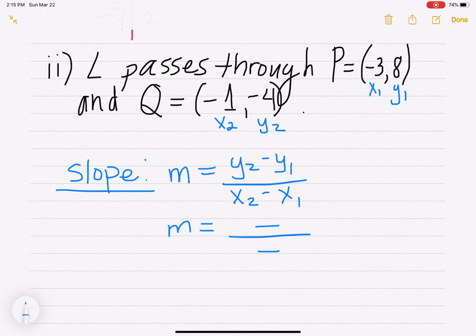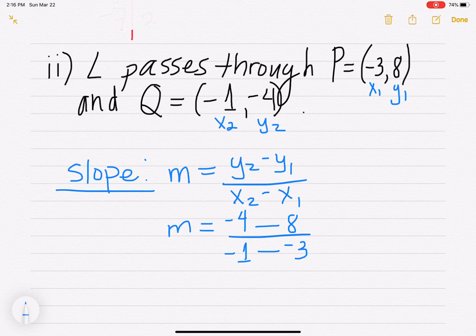In place of the y2, I'm going to put a negative 4. In place of the y1, I'm going to put an 8. In place of the x2, I'm going to put a negative 1. And in place of the x1, I'm going to put a minus 3.